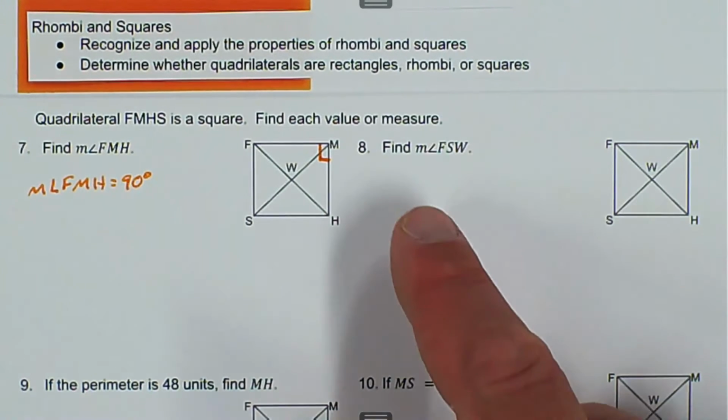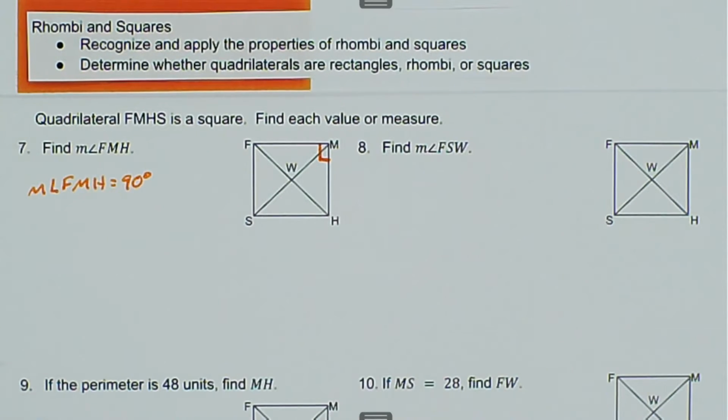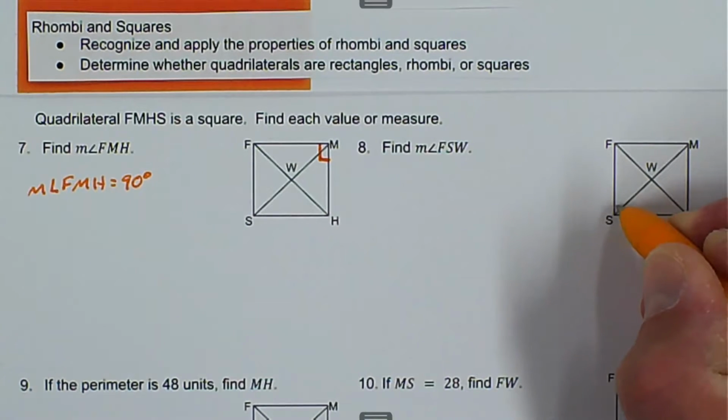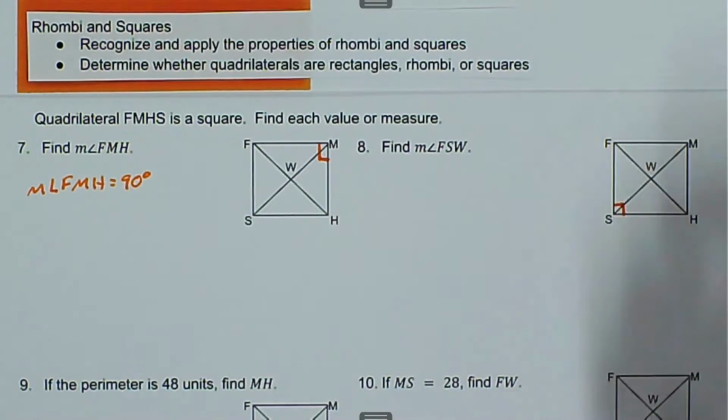The next one we have is find the measure of angle FSW. So FSW. This one is not too bad either. We know that FSH is 90 degrees, so we'll put that box in the corner right there.